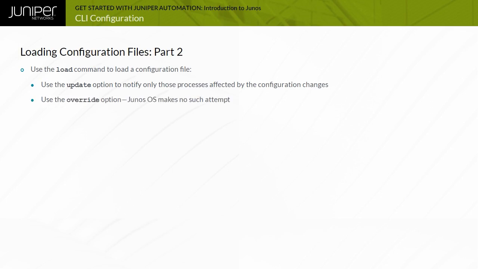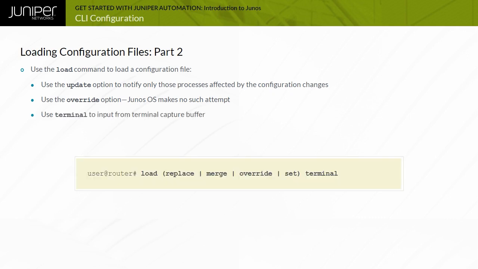When the override option is used, Junos OS makes no such attempt. You can use the update option from any hierarchy, but you can use the override option only from the top-level hierarchy. The terminal option uses the text you type or paste at the terminal as input to the configuration. Type Ctrl-D to end the terminal input.